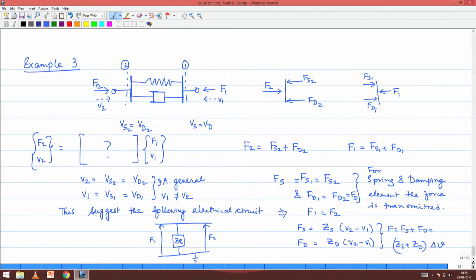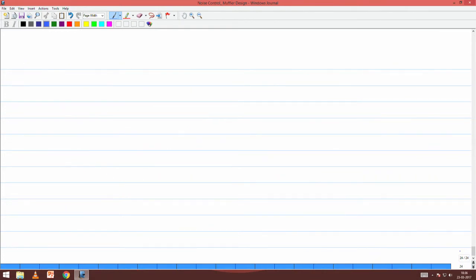So, this means that this Z equivalent is Zs plus Zd. To draw the picture in its final form, what we should have is this: the Z equivalent comprises of one Zs and one Zd.